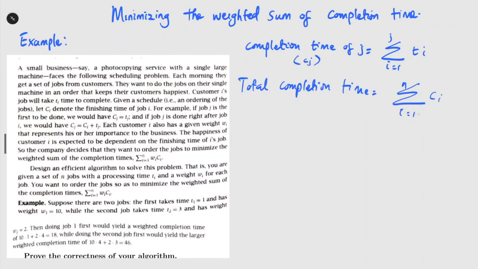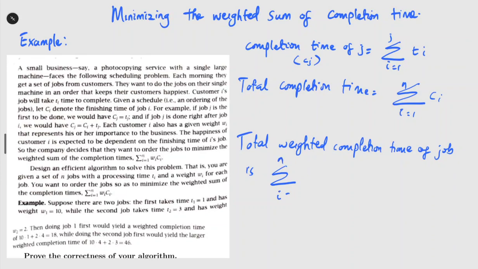So the total completion time of all jobs will be the summation from I equals 1 to N of CI, and the total weighted completion time of jobs would be this. And our goal is to minimize the weighted sum of completion time.